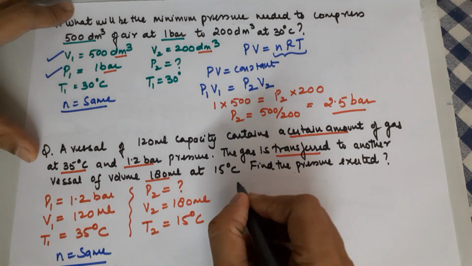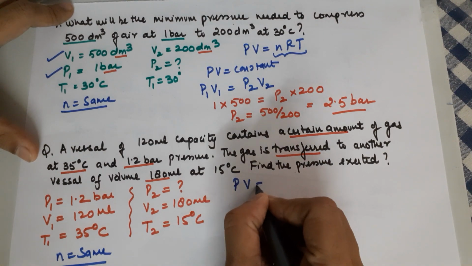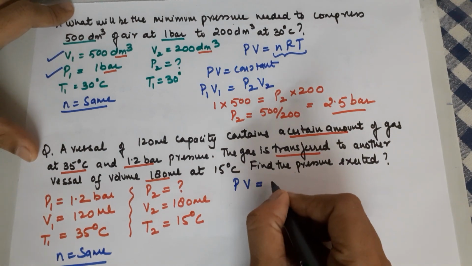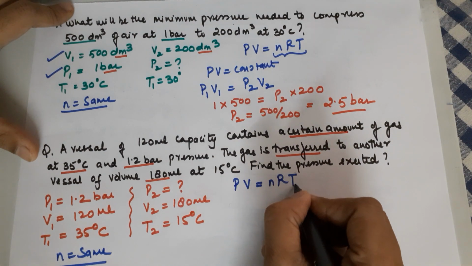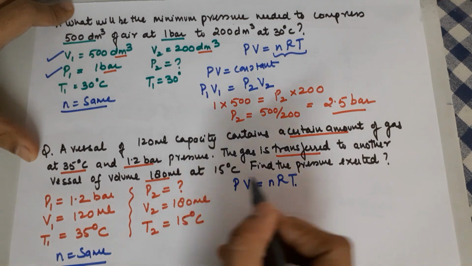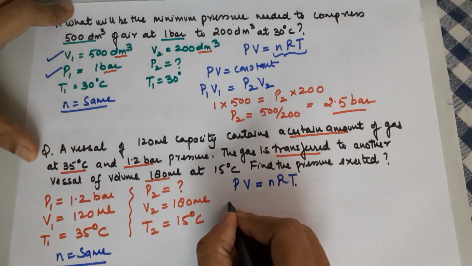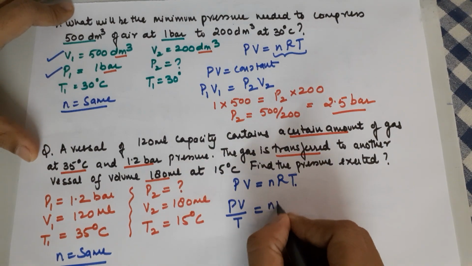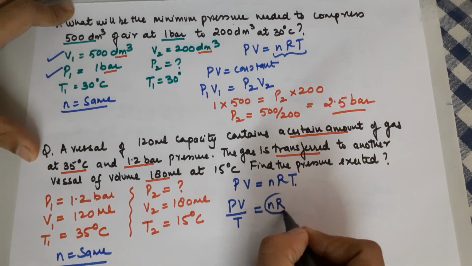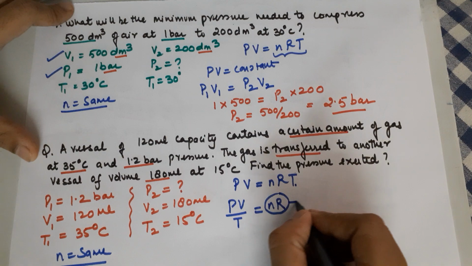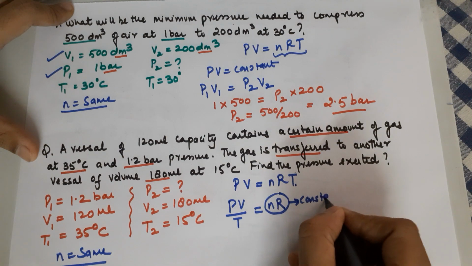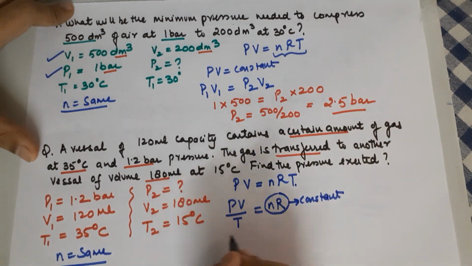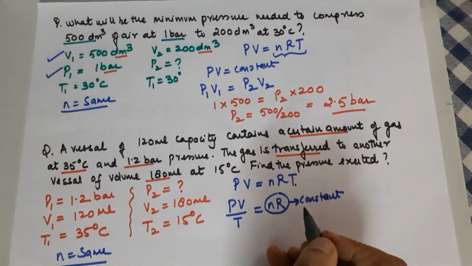As I already said, all numericals can be solved by the ideal gas equation. PV is equal to nRT. Out of this, your three things P, V and T are changing. So PV upon T is equal to nR, and nR remains constant. Since this is equal to constant, your formula would become PV by T is equal to constant.